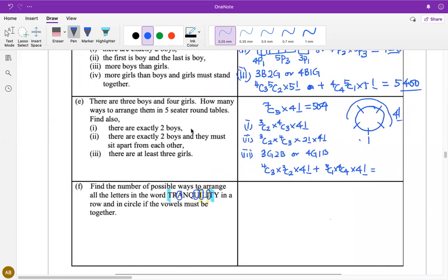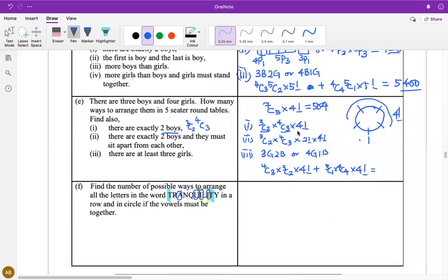There are exactly 2 boys. So 2 boys, we need to choose 2 boys from 3, and then the girls have left 3. So 3 choose 2, 4 choose 3. Okay, so this is for boys. This is for girls. 3 choose the boys, 2 boys, and 3 girls we choose from 4 girls.